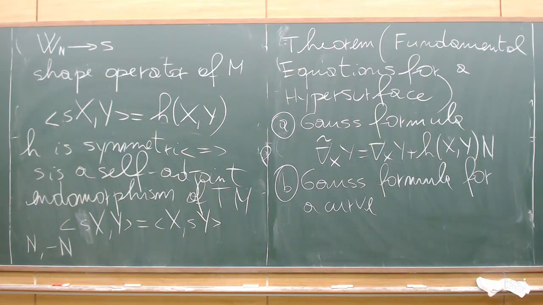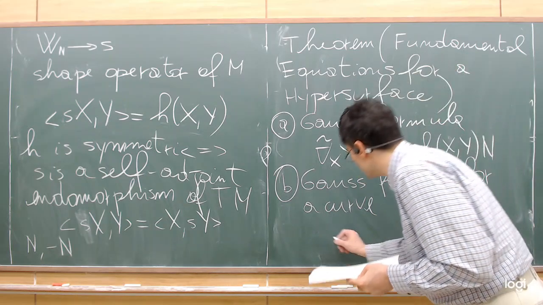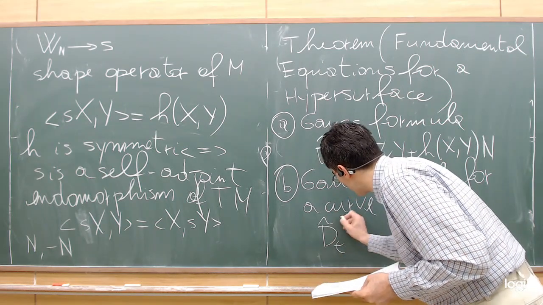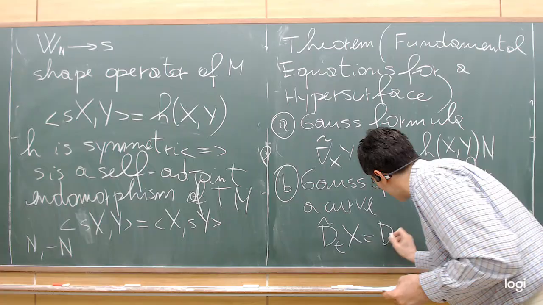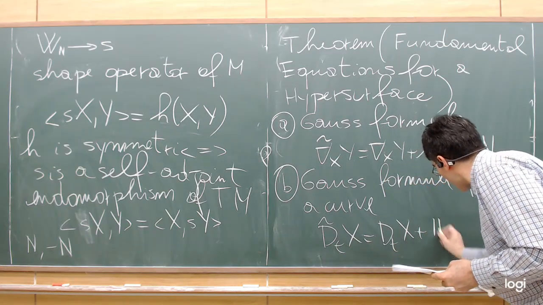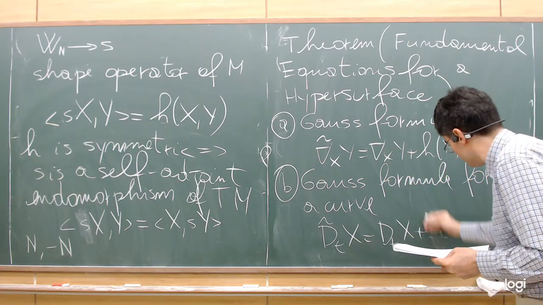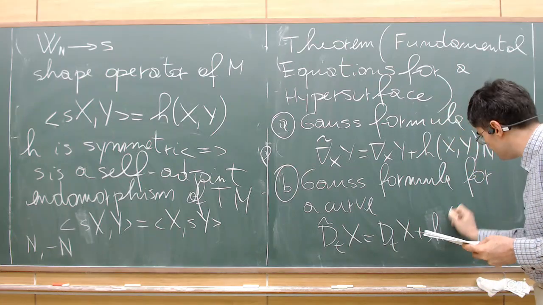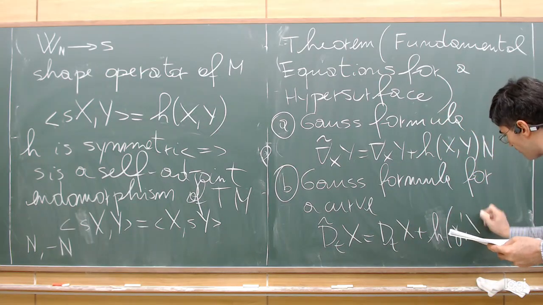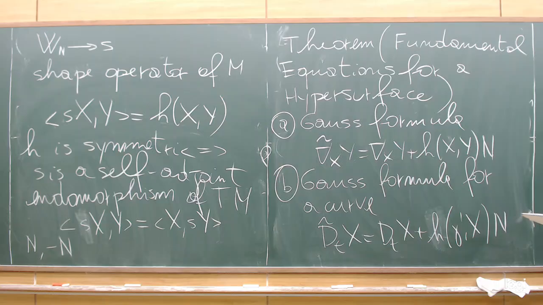Then we have the Gauss formula for a curve in a hypersurface. Sorry, H. Also, this one is immediate, because remember, this is the second fundamental form.